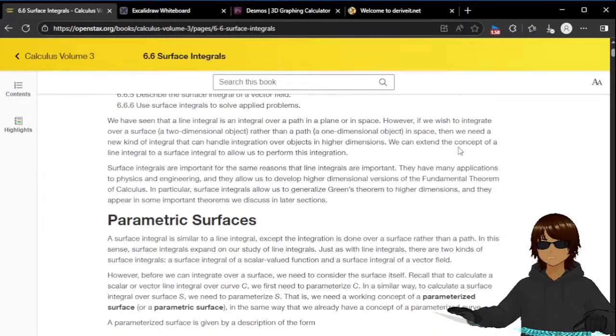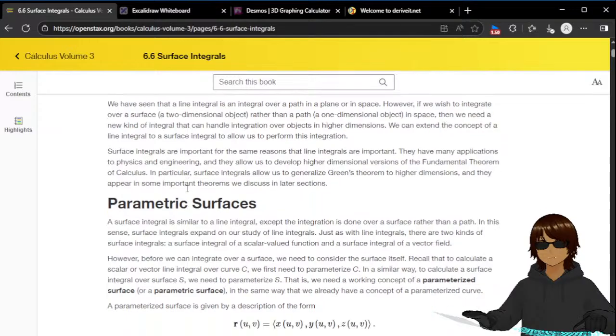We can extend the concept of a line integral to a surface integral to allow us to perform this integration. Surface integrals are important for the same reasons that line integrals are important. They have many applications to engineering and physics, and they allow us to develop higher dimensional versions of the fundamental theorem of calculus.